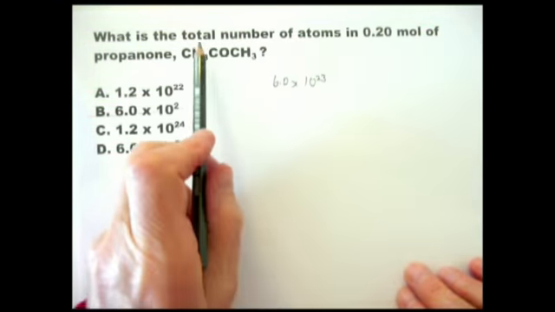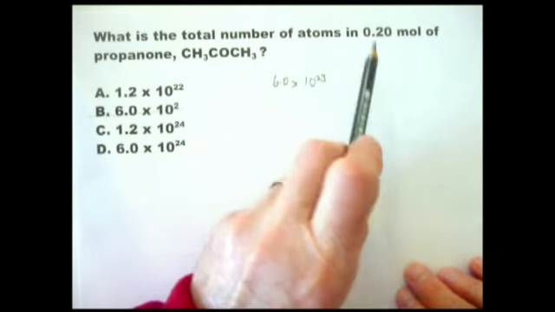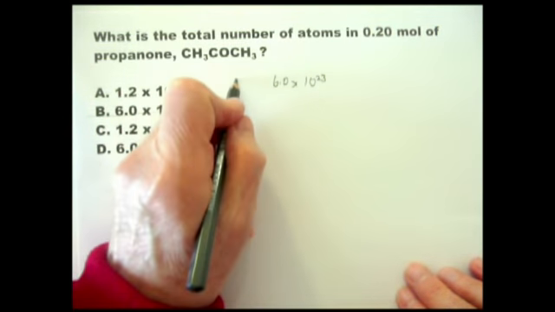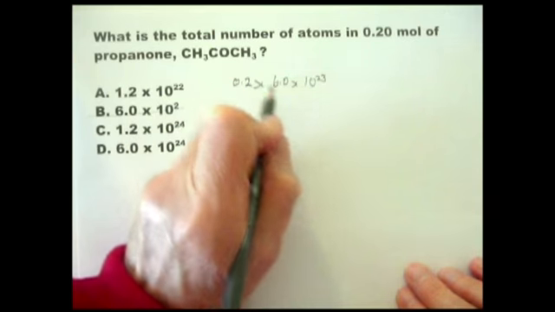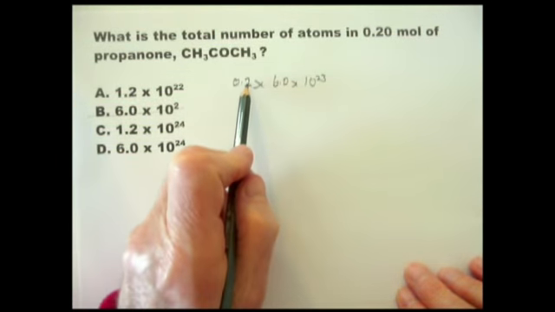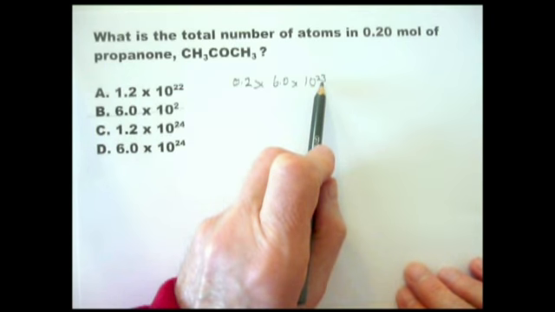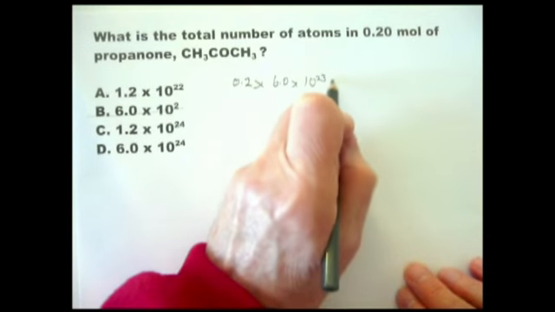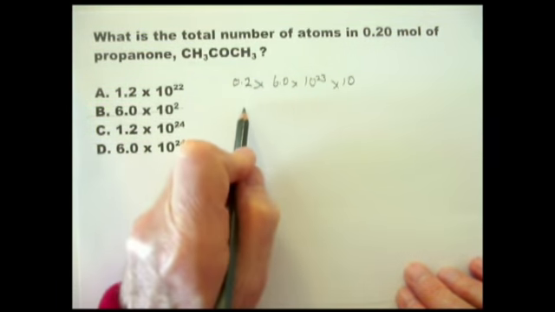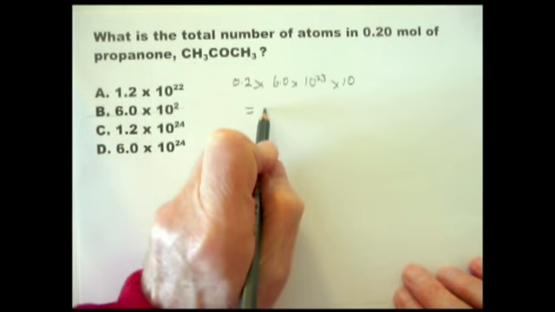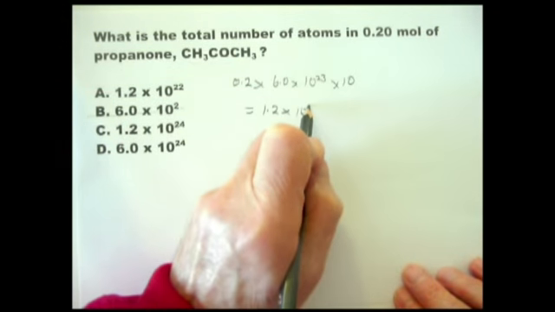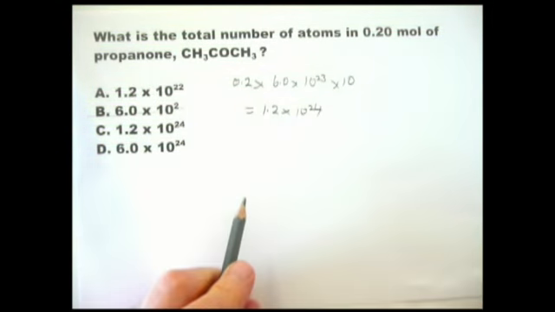What you then do is it says the total number of atoms in 0.2 of a mole. So we multiply that by 0.2 because it's not 1 mole, it's 0.2 times 6 times 10 to the 23. And the total number of atoms in this molecule is 10, so that comes to that. And that equals 1.2 times 10 to the 24.